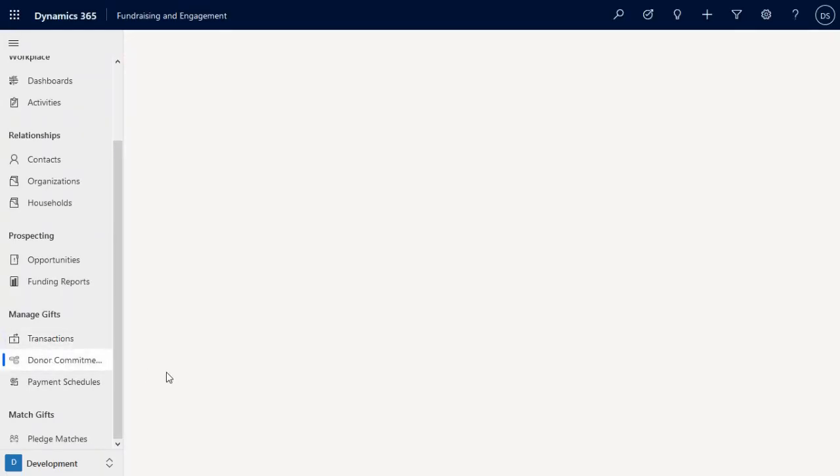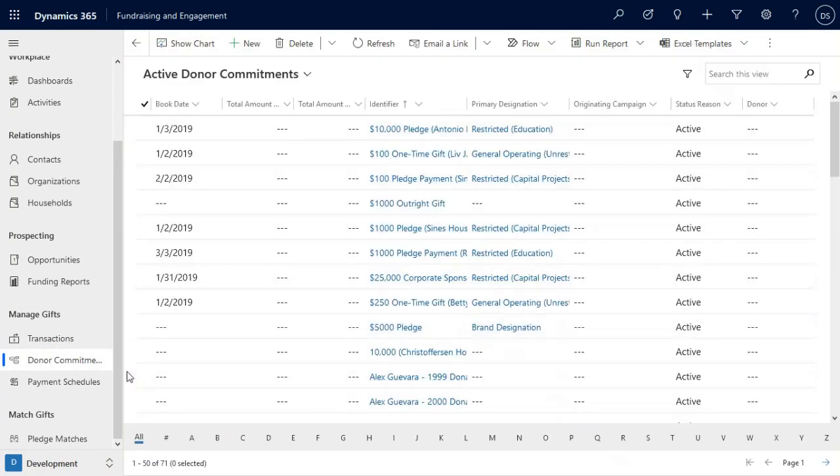Then going forward, we said that you can easily manage your donor commitments and sign up for the renewals as well. Renewals, I have seen in my experience, become a hectic, cumbersome process if not managed properly. But Dynamics 365 allows us to manage this process really easily.